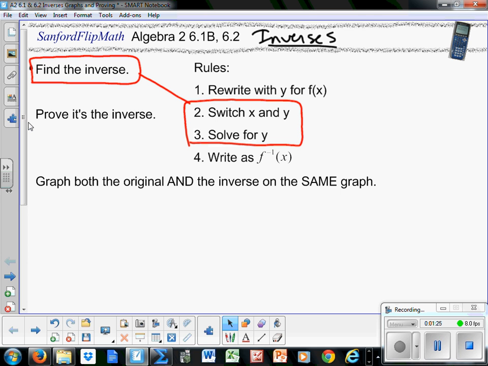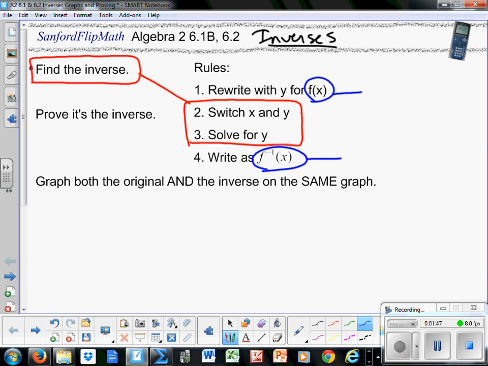If your function's written like f of x or g of x, then usually we just rewrite it in terms of y equals to make it easier. Then we do the switching, solve for y, and if it started out as f of x, at the end we should write it as f inverse of x, which is typically how that's stated.